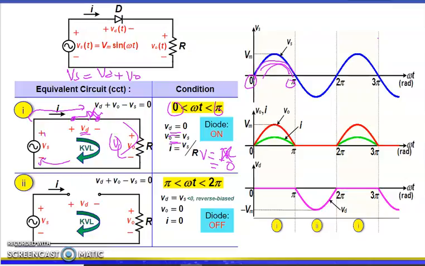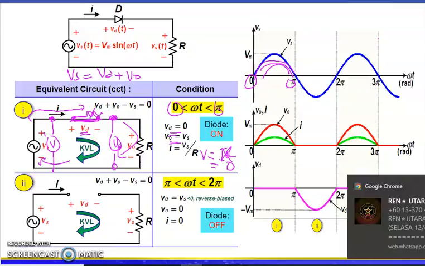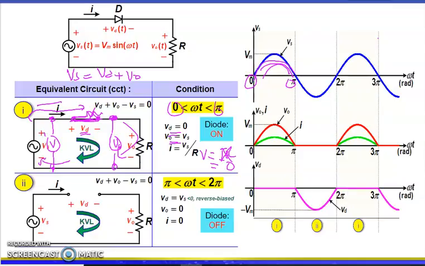Furthermore, if you measure the voltage across the output, V out is equal to Vs, because we have a short circuit over here. This means the terminal here and the terminal at the load are the same terminal. So V out is equal to Vs. How about the current that flows from source to load?